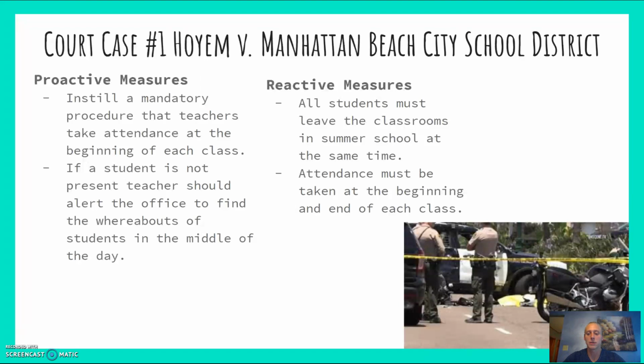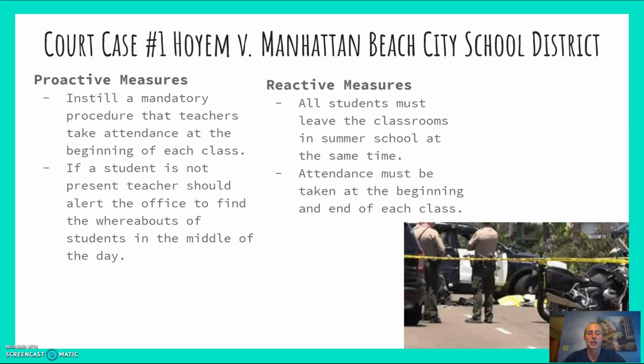As they were cutting class and going home, they were struck by a motorcycle and were killed.